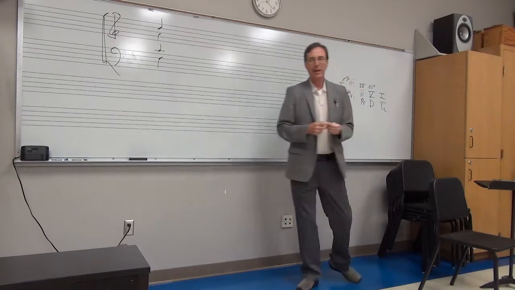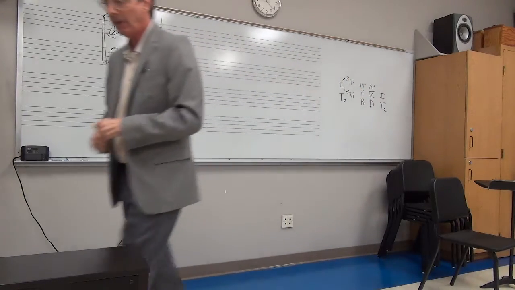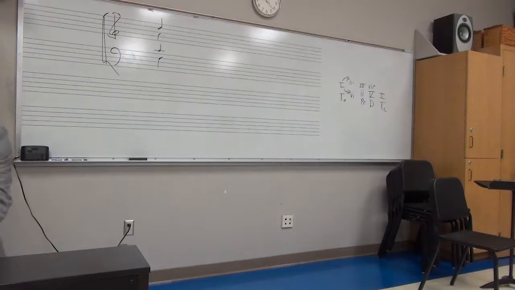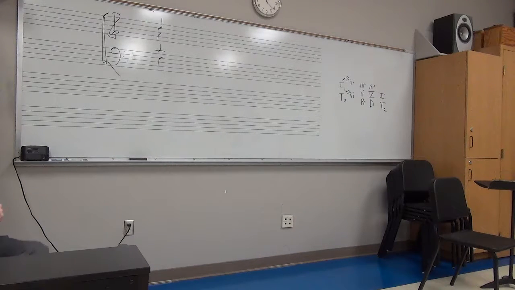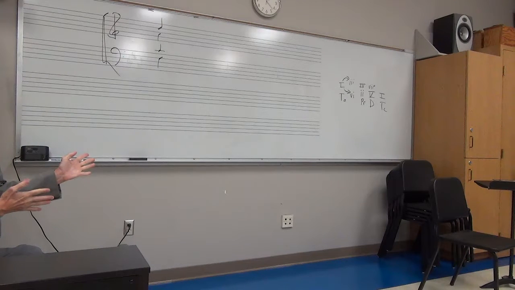Now, when you get band music and stuff, you get 3 going other places, but we're not talking about that so much. So most of your progressions now become that. That's it. We've summed it all up.